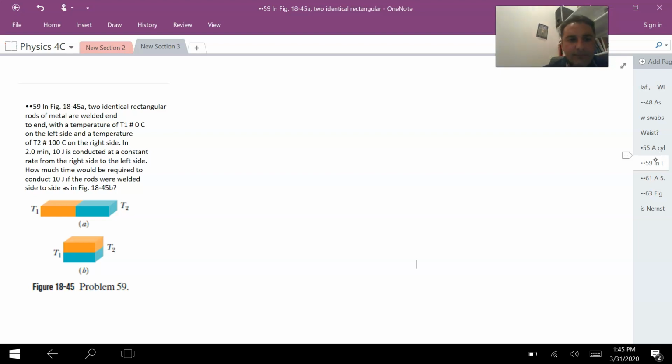It says in the below figure, we have two identical rectangular rods of metal welded end to end. So that means this, picture A, end to end, like this.